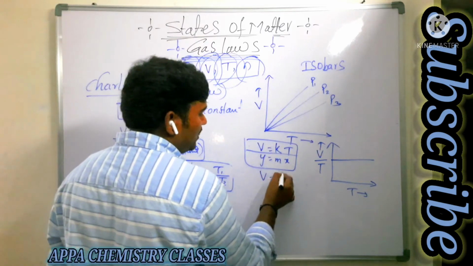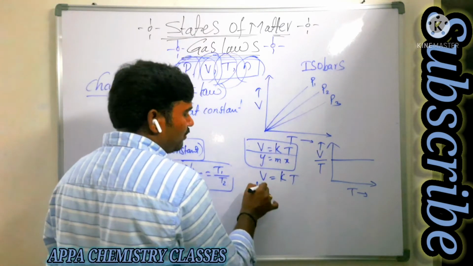Now we have V is equal to K into T. For this, apply the logarithm on both sides.